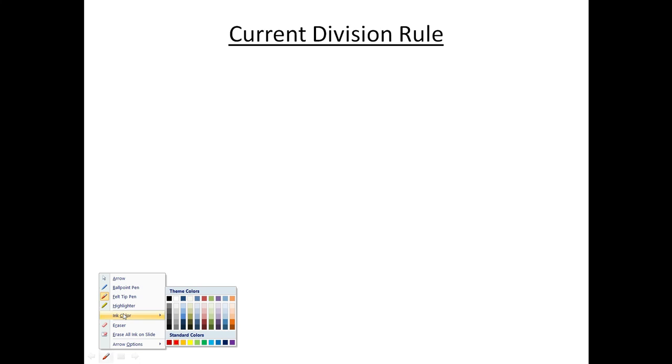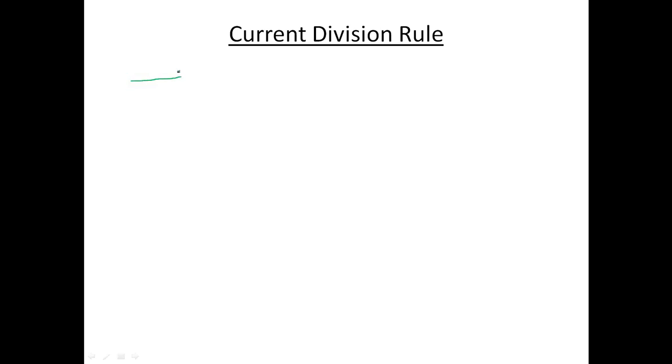Now we'll come across current division rule. Current division rule is one of the most important topics. So what is a current division rule? We'll draw a circuit and then analyze it.